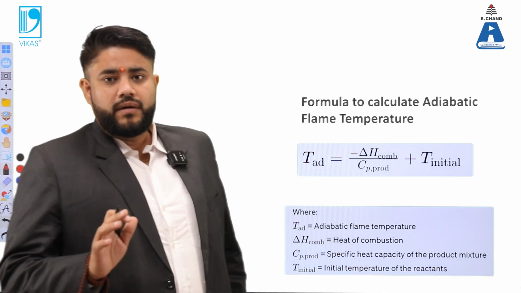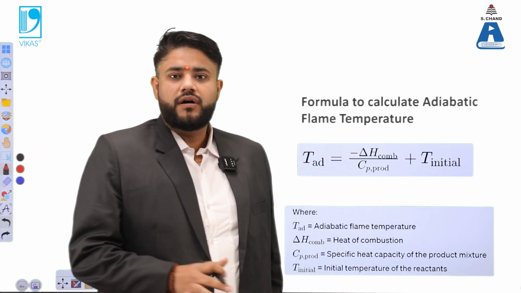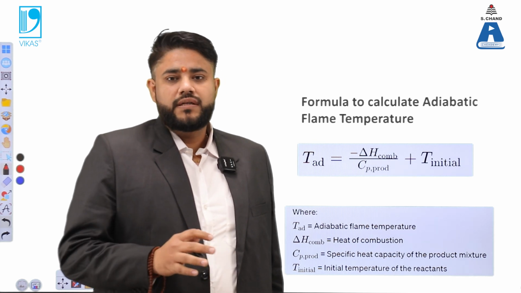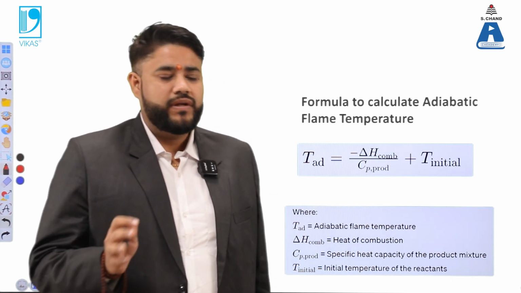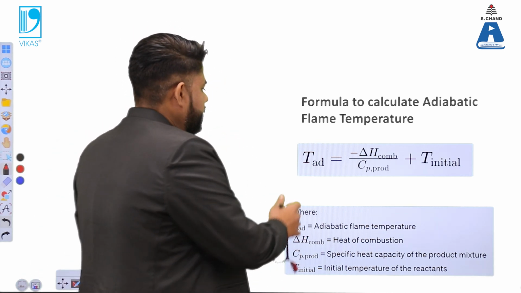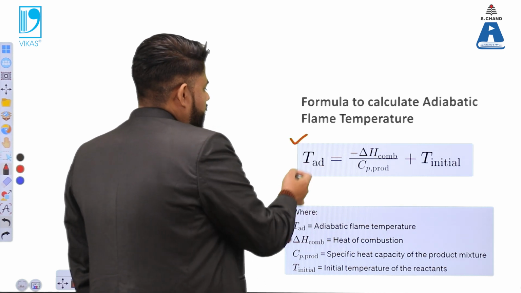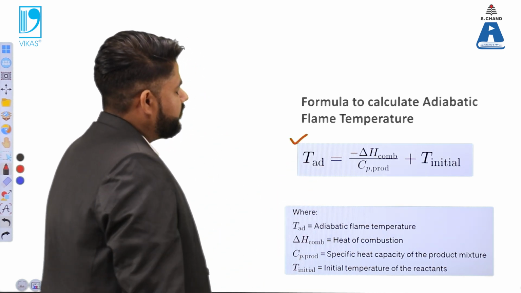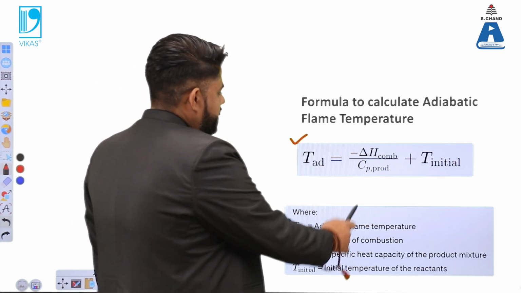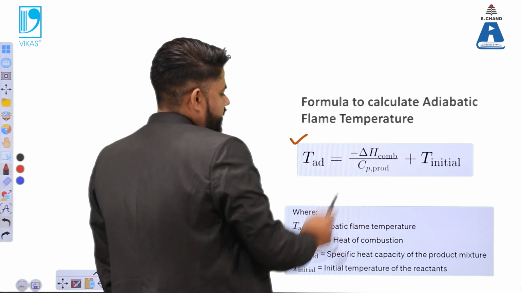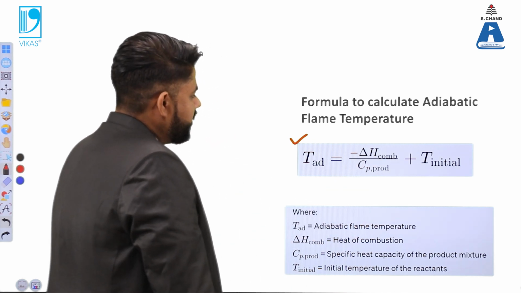Now we will be coming to the formula aspect of calculating adiabatic flame temperatures. The formula is T_ad = T_initial plus negative ΔH over Cp.